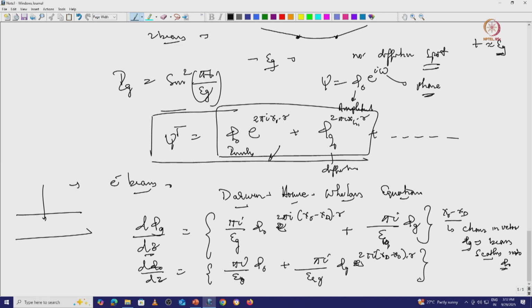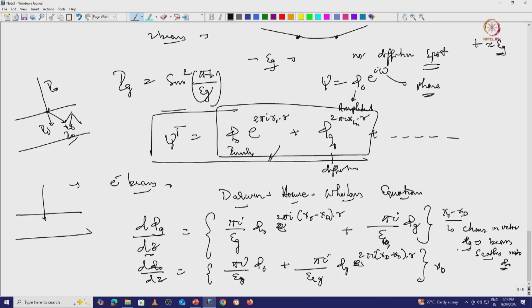For example, if you have a sample thickness, you have an intensity I 0, which is your transmitted beam, and this is your diffracted beam I g. It is possible that the I g can diffract again, and again it can contribute to the incident beam. So it is the change in vector of phi g, where the beam scatters again back to the phi 0.